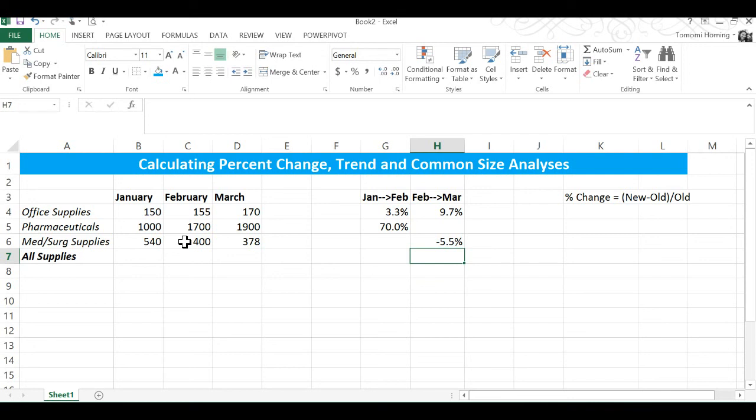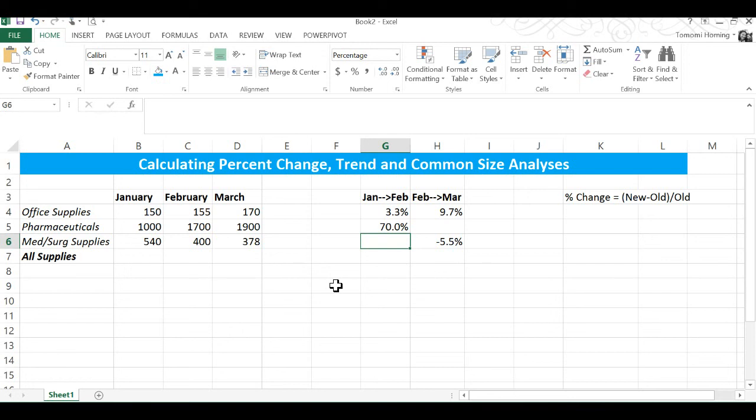Now what I'd like to do is extend this, and you can certainly do it for these other two. I'm not going to do it here in this video. I'm also going to do a common size analysis. And all common size analysis is looking at, from a vertical standpoint, it's also called vertical analysis, looking at the proportion.